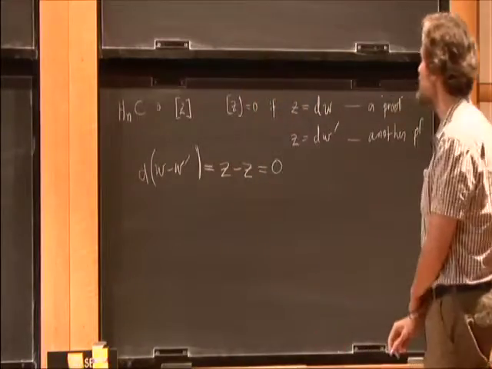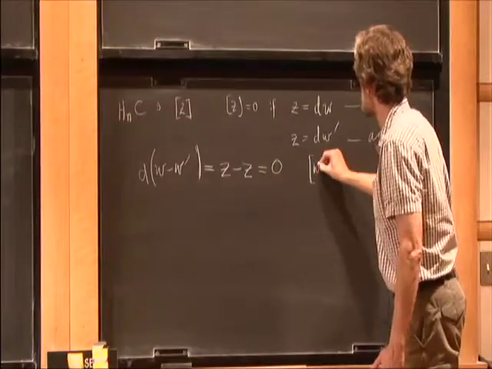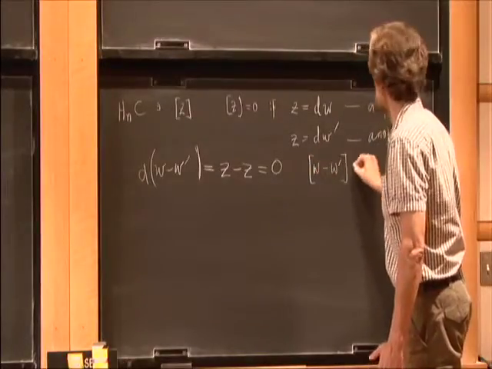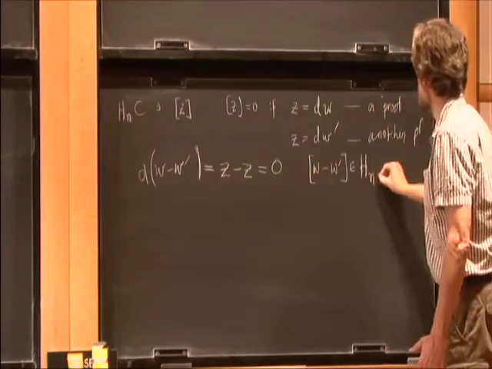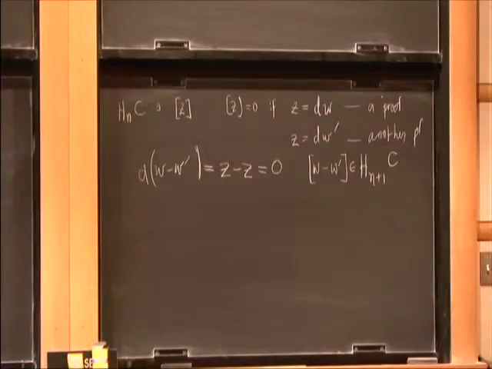D of it is equal to 0. And so you get a class in Hn plus 1. So the motto is that 2 proofs of vanishing at level n give an element or class at level n plus 1.